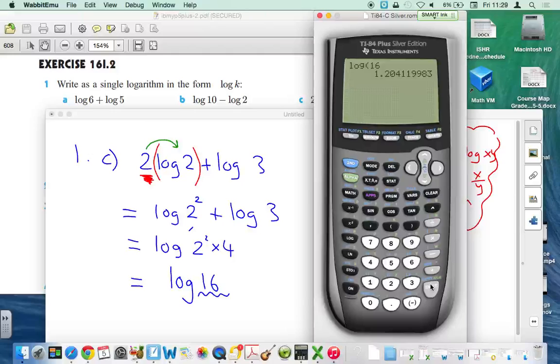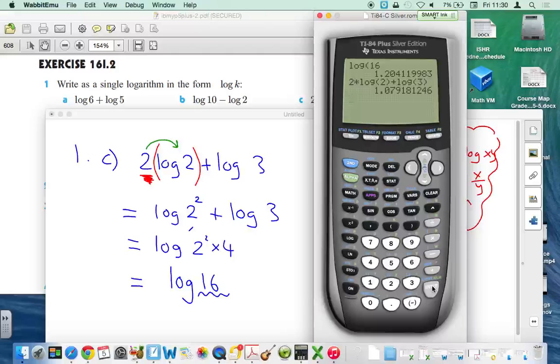Now if I've got it right, if I then do 2 times log of 2, close brackets, and then plus, I actually haven't tried this previously. Let's just see if it does give us the same answer, or maybe I need to put an extra bracket in here somewhere. Let's have a look.